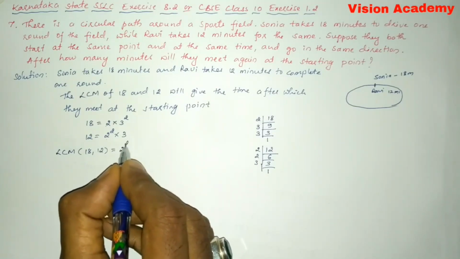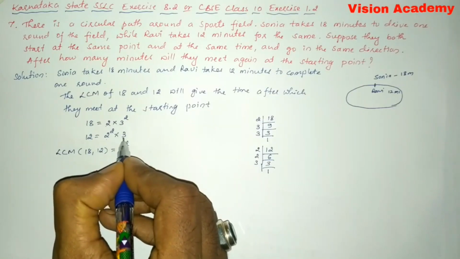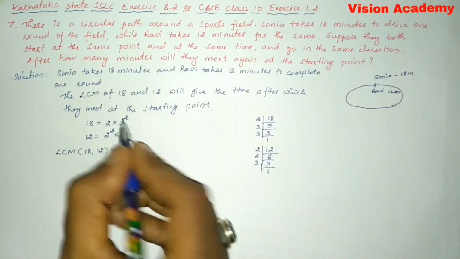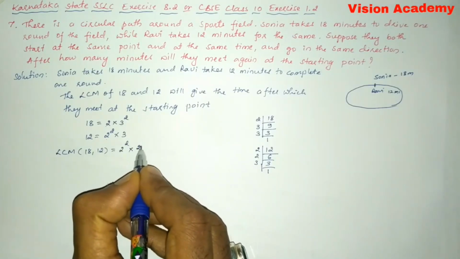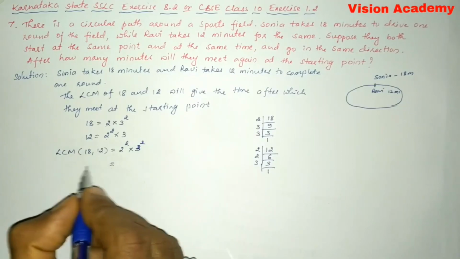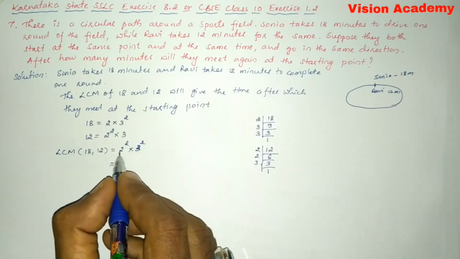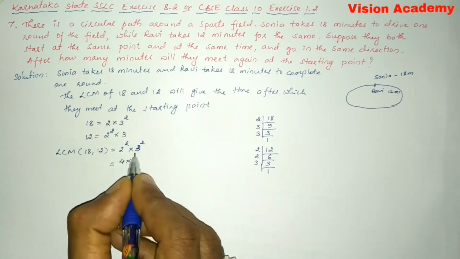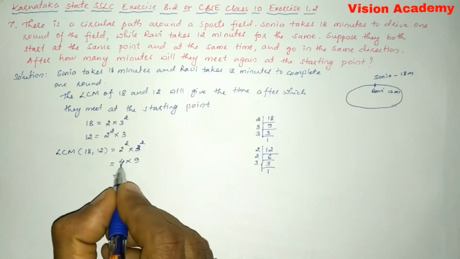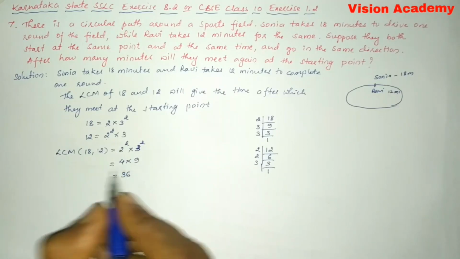Here 3 is present in both, and the highest power of 3 is 3 square. So let us multiply 2 square with 3 square. The LCM of 18 and 12 is 2 2s are 4 into 3 square, which is 9. So 4 9s are 36.